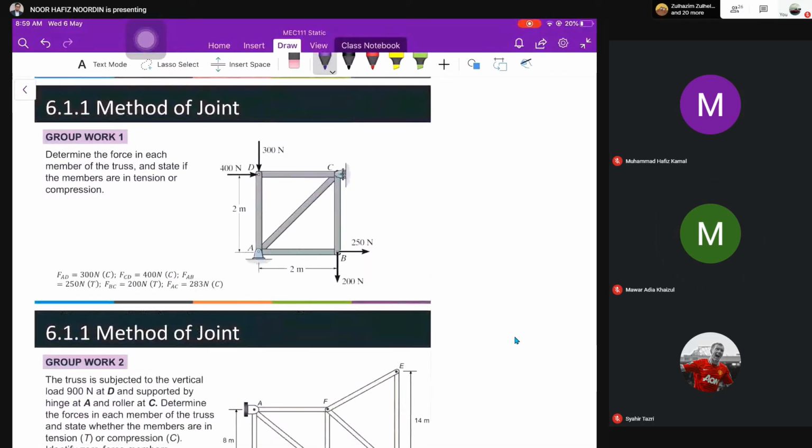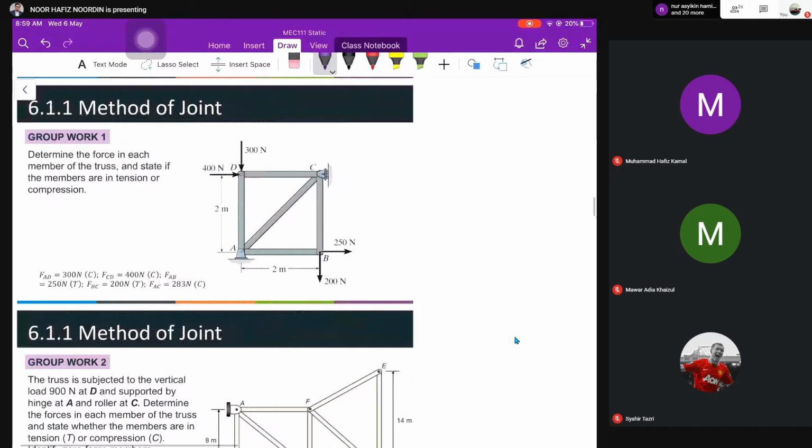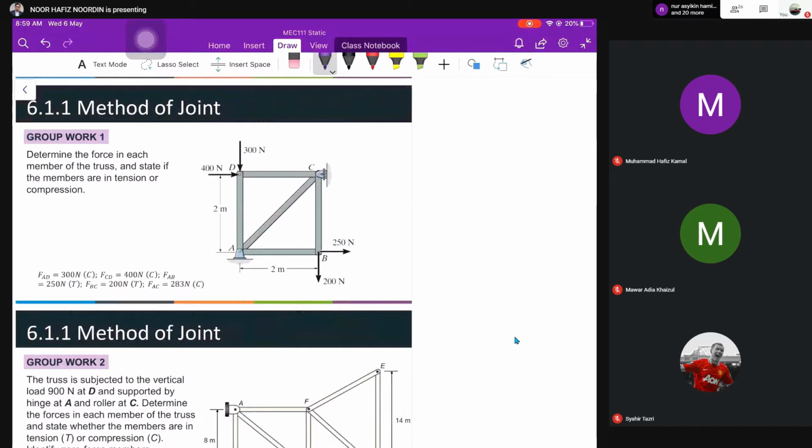So as I explained earlier, the first step is we draw free body diagram for the rigid body. First and foremost, we identify the types of connection and support. So at point C, we have a pin. For a pin, the reaction force will be CY and CX.